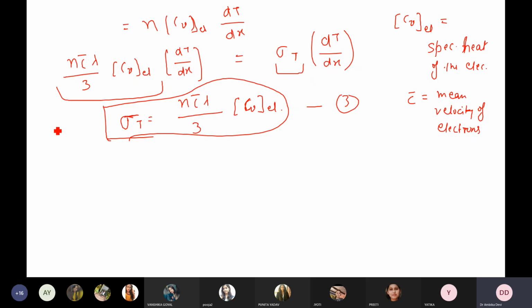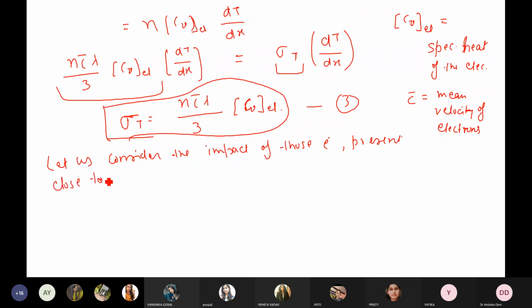So let us consider the impact of those electrons who are present close to the Fermi level, right?